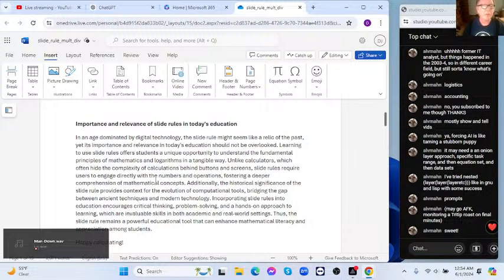In an age dominated by digital technology, the slide rule might seem like a relic of the past. Yet, its importance and relevance to today's education should not be overlooked. Learning to use a slide rule offers students a unique opportunity to understand the fundamental principles of mathematics and logarithms in a tangible way. Unlike calculators, which often hide the complexity of calculations behind buttons and screens.